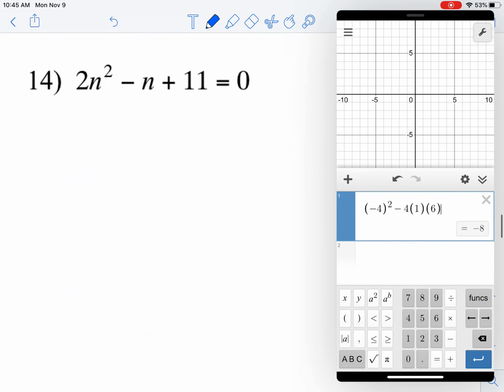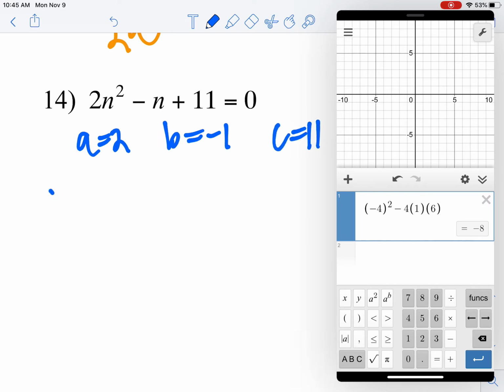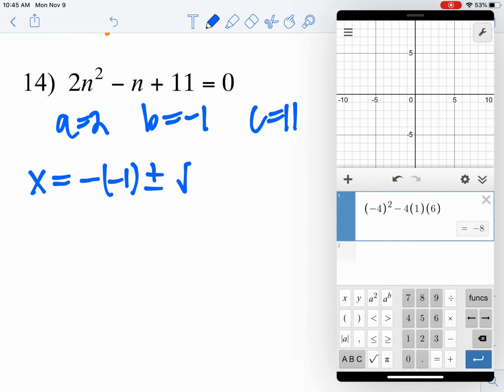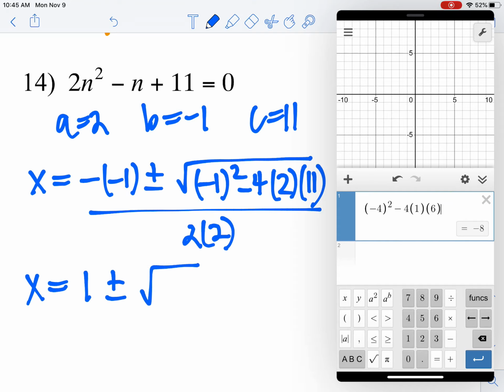All right, now over here, a is 2, b is -1, c is 11. So we'll say x equals -1 plus or minus the square root of -1 squared minus 4 times 2 times 11 all over 2 times a, which is 2. So again, -1 becomes positive.